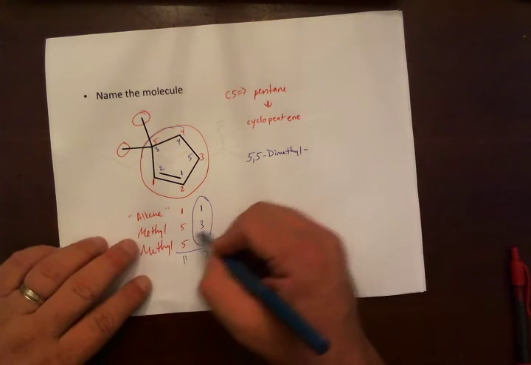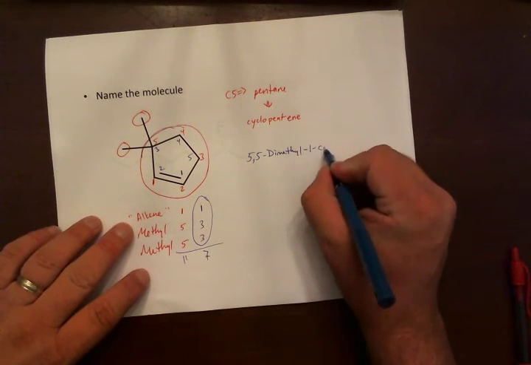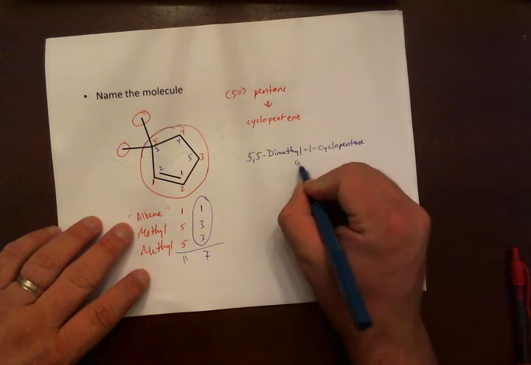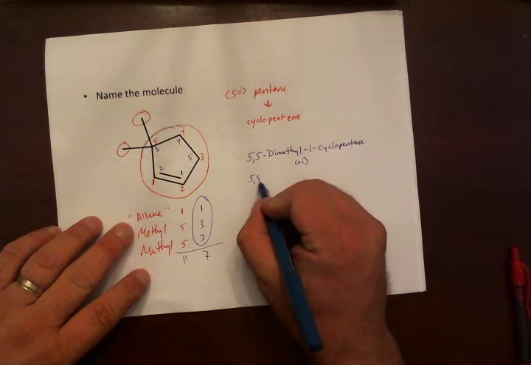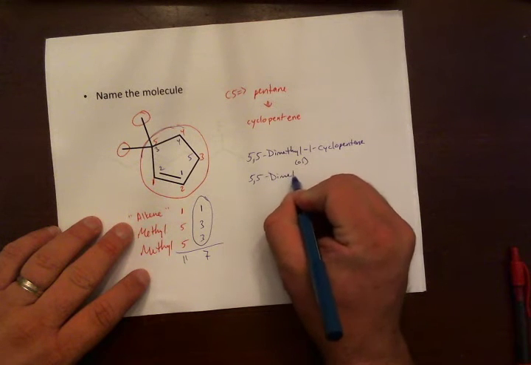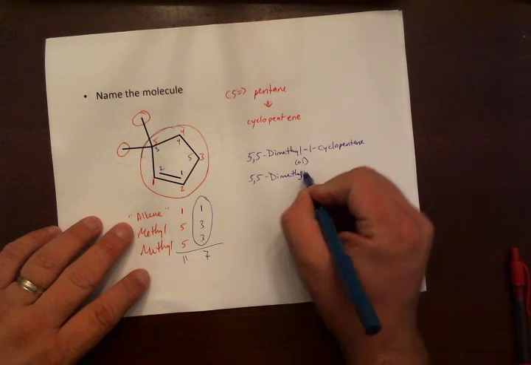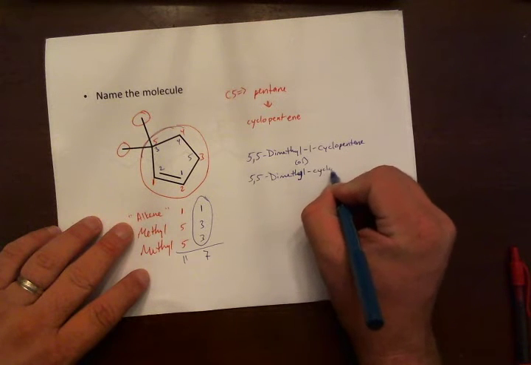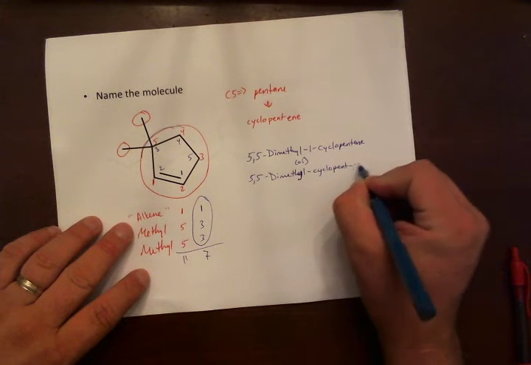So it becomes 5,5-dimethyl-1-cyclopentene, or 5,5-dimethylcyclopent-1-ene.